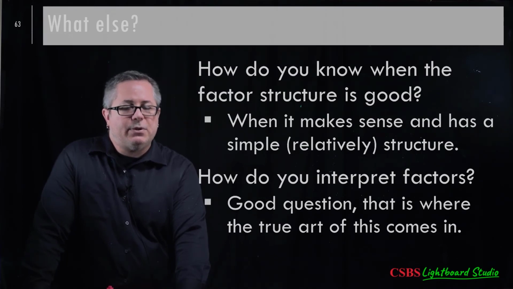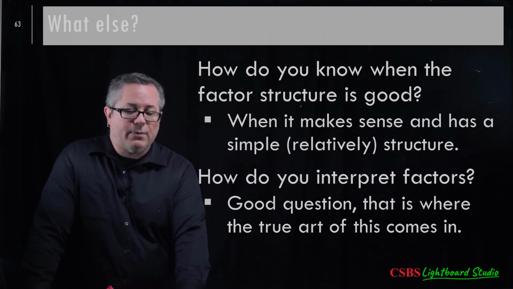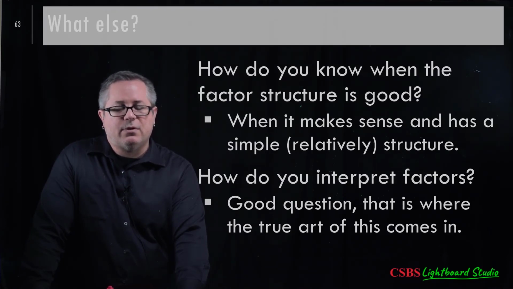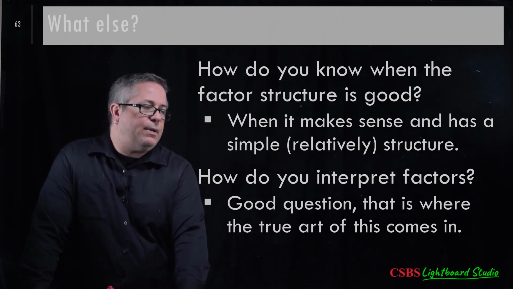There's all kinds of things you can argue that make factors good or bad. But most of all, the factors should make some kind of sense. Right? You should be able to interpret them. It should make sense according to whatever theory drove the creation of the questions in the first place. And you wanted to have relatively simple structure.